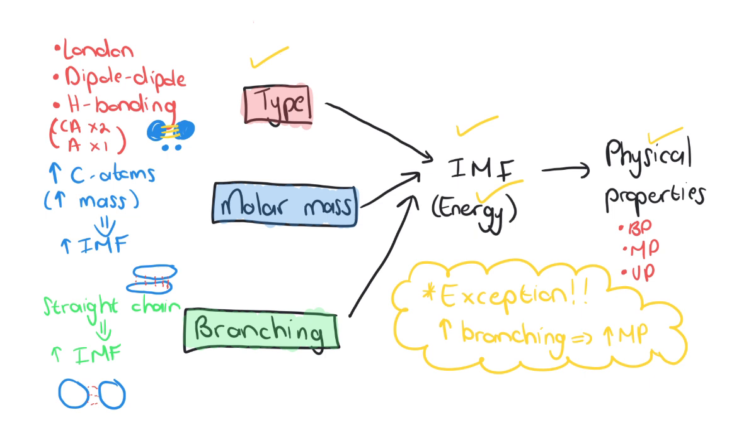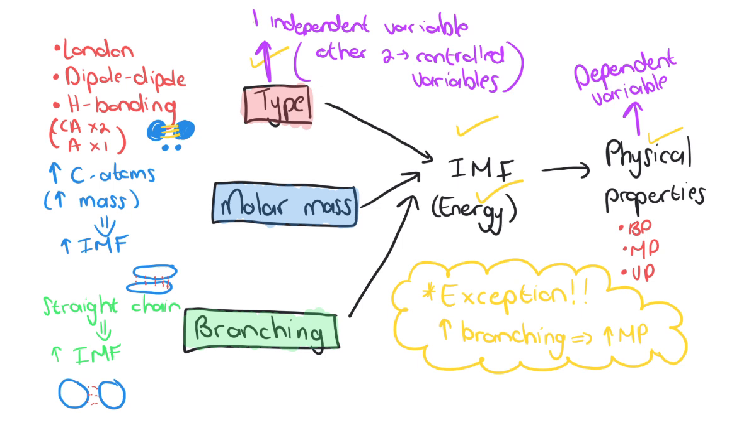You changed that. You chose what you wanted to change. And your dependent variable depends on that. Your dependent variable will always be your physical quantities, because that's what you measure, and that is affected by those 3 factors. So please, guys, remember that as well.